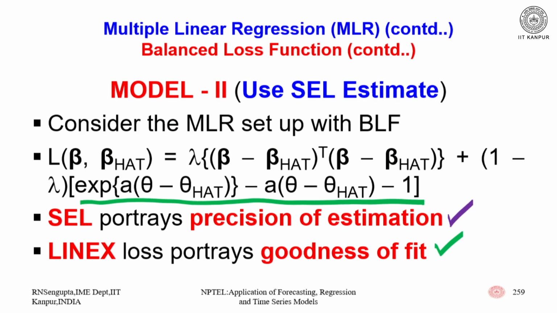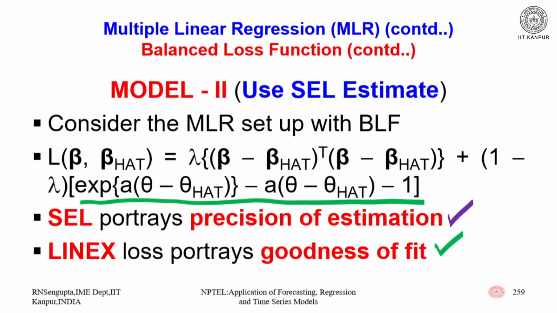In this model 2, again you have the environment, squared error, LINEX, as you can see in this slide: squared error corresponding to precision of estimation, LINEX corresponding to goodness of fit. So, it is a combination, and the environment has both squared error and LINEX loss playing their part.